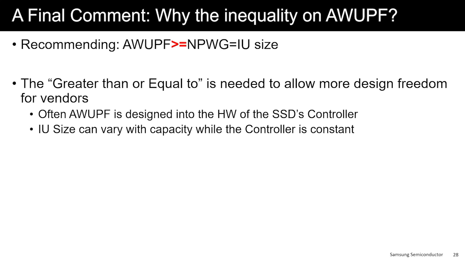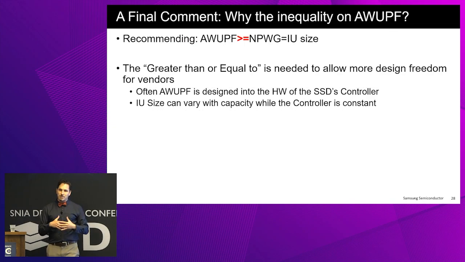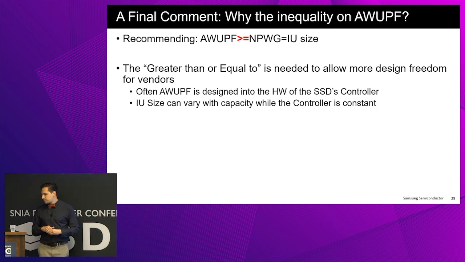Often, as a drive vendor, we will design the AWUPF within the SSD controller, but the IU size can vary with every capacity. We might have one drive that we've generated with several capacity points. That AWUPF might be constant for the entire capacity range, but the IU size might possibly be changing. So it gives that freedom to continue to disconnect those two developments.